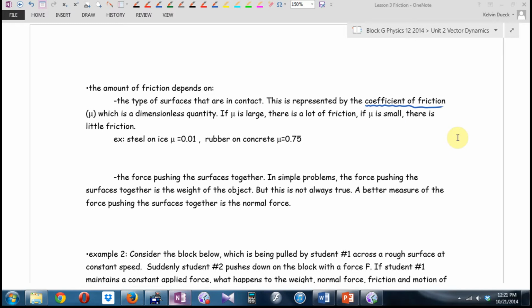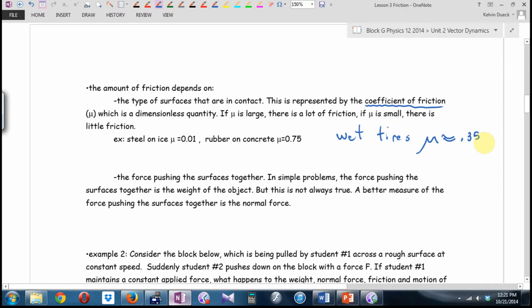So steel on ice, which has very little friction, has a mu of about 0.01. Rubber on concrete has a mu of about 0.075. Wet tires have a mu of approximately 0.35.